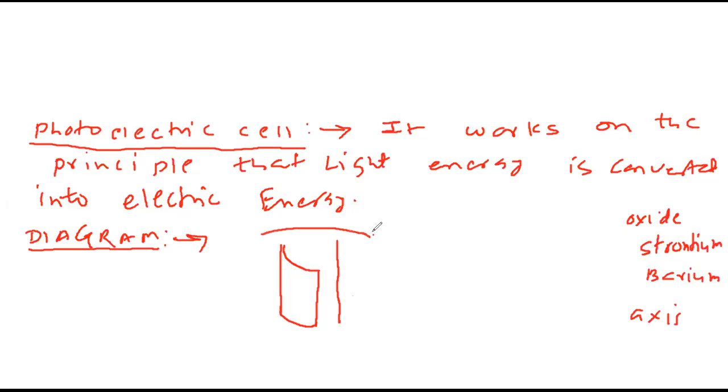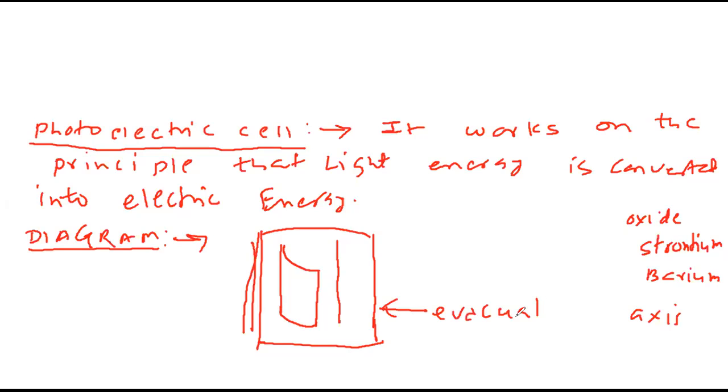The entire arrangement is sealed in an evacuated glass bulb. Two pins are brought out for external connection, one for cathode denoted by K, other for plate denoted by P.